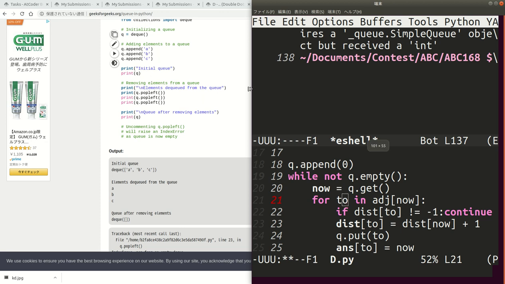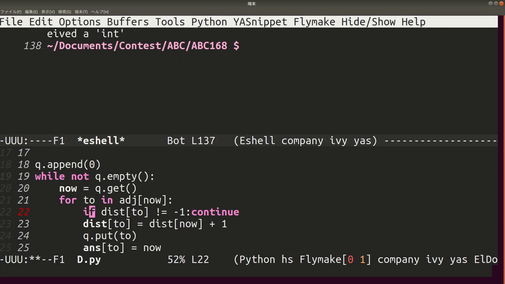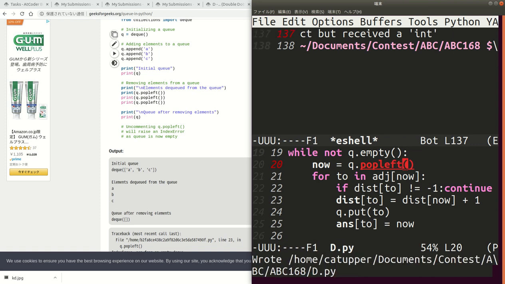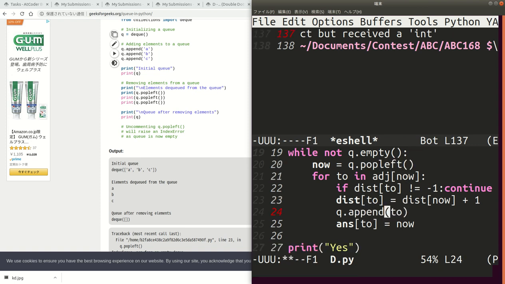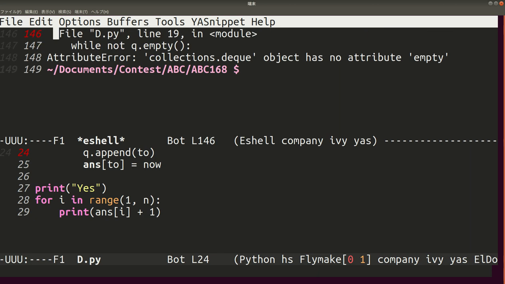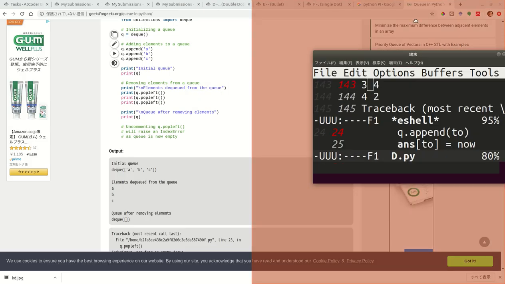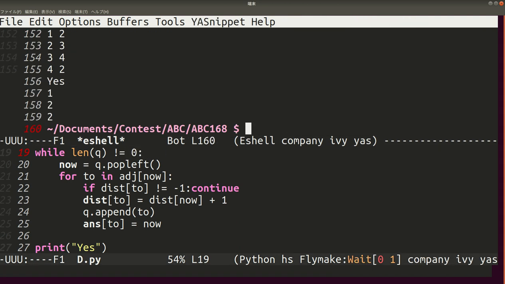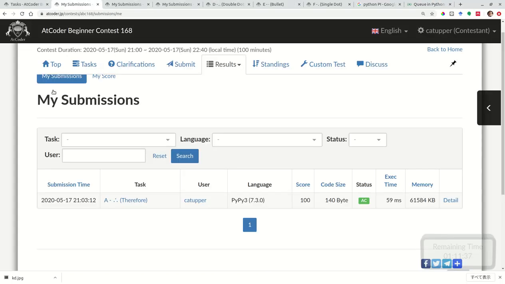Left is the fastest one, so get is pop left, and not put, append. And it's okay. Oh no, empty. I think we can get the length, so we'll just compare this with 0. Okay, 1 to 2 is correct.